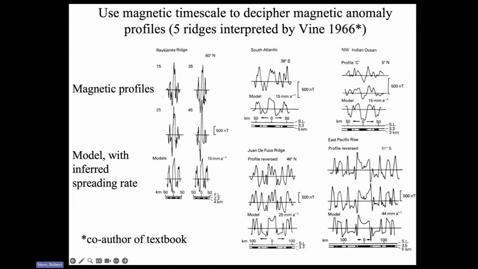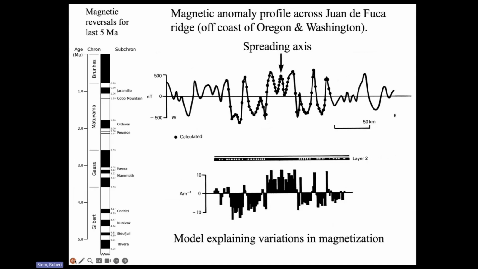So here are the magnetic profiles. Here are models with inferred spreading rates. So here's the Reykjanes Ridge up in the North Atlantic, the South Atlantic, Northwest Indian Ridge. This is the East Pacific Rise and the Juan de Fuca. And what you'll see here is the spreading rate, basically using this kind of a procedure that we just talked about, right? This time scale, this observed profile, and coming up with the best fit model in terms of spreading rate to make it.